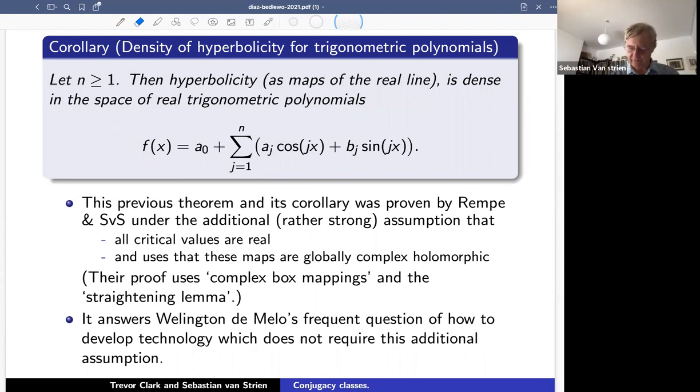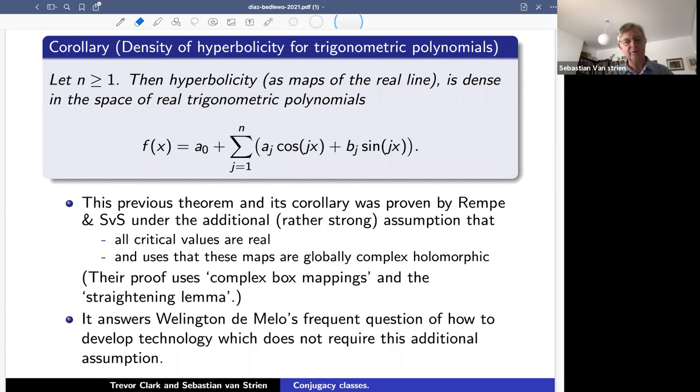The reason he asked that is because Lasse Rempe and I had another result, and that assumed that in such a family all the critical points are real. Of course, this map will have critical points, but they may or may not be real. In the previous result, we needed to assume that the maps are real, and also that the maps are globally defined. And we don't need to use that anymore.